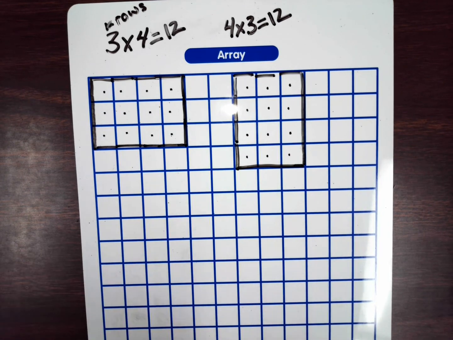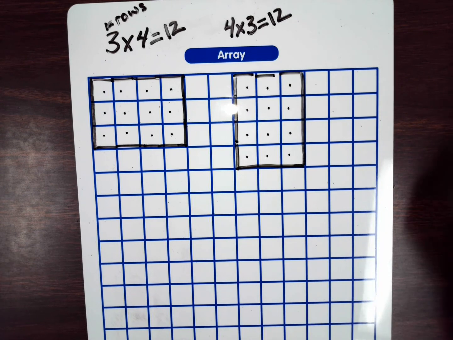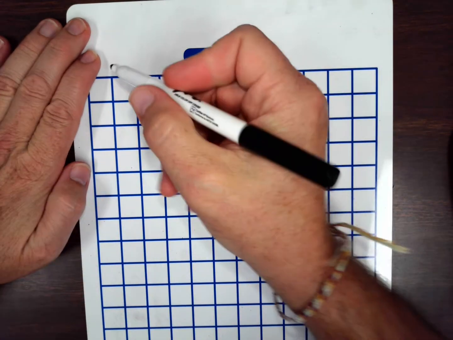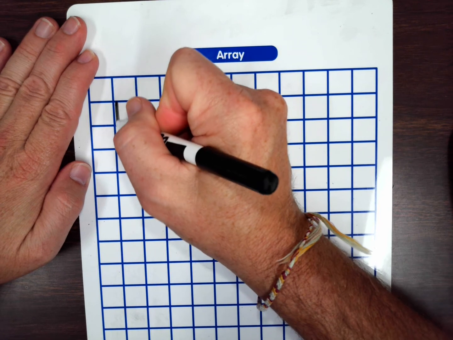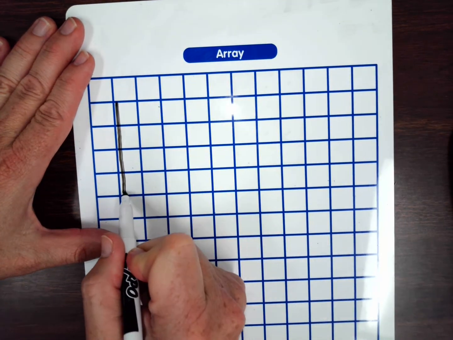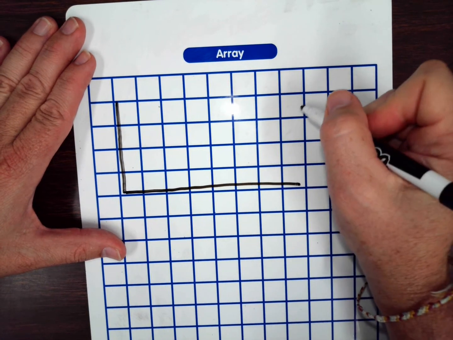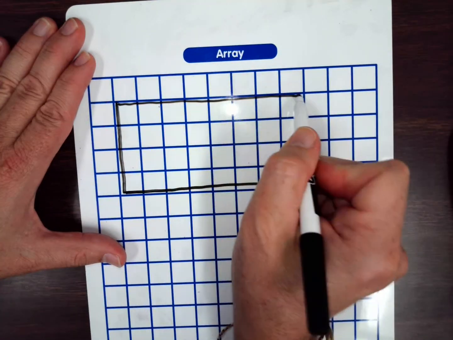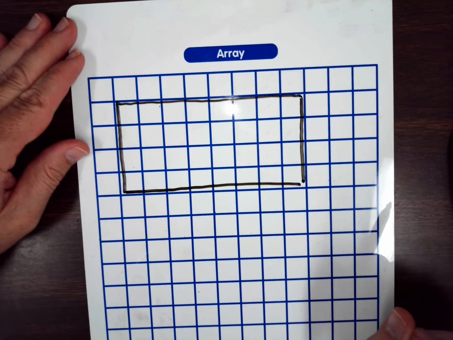So that is one of the first ways that we can use arrays in multiplication. Another thing we could do is we can use an array to help us create multiplication problems. So if this set is highlighted, I can do one of two things.